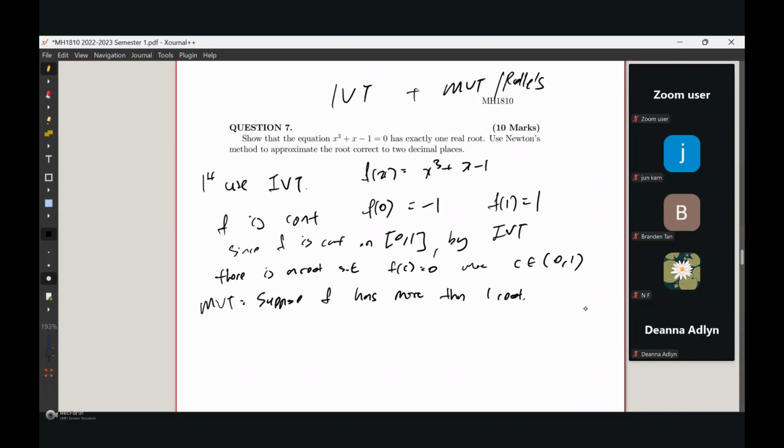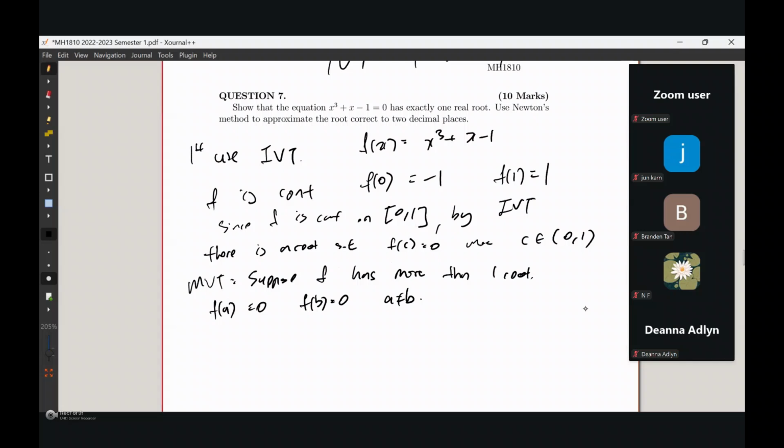Meaning that f of a is equal to 0 and f of b is equal to 0, because a and b are my roots, and a is not equal to b. Now here we will be applying the mean value theorem.